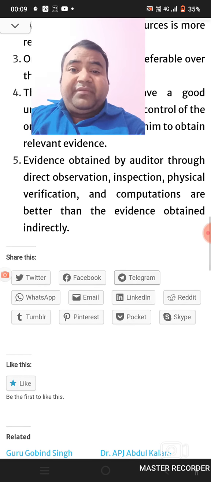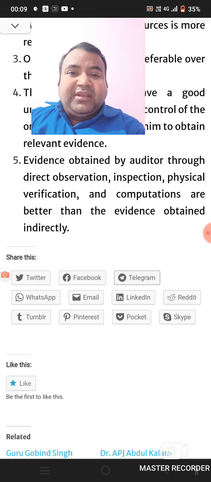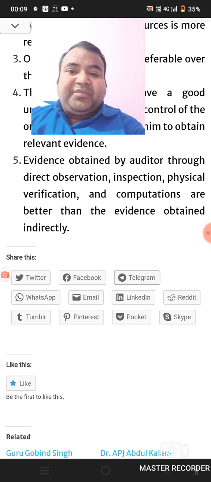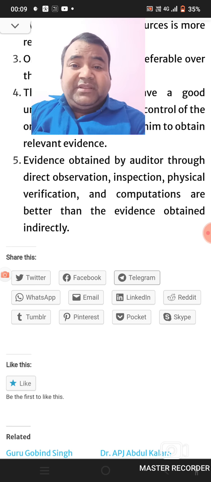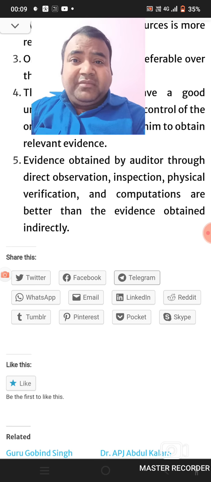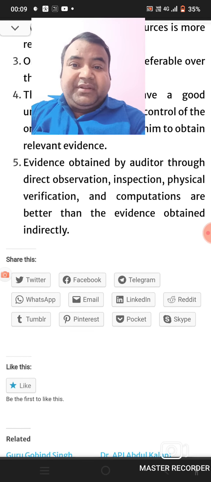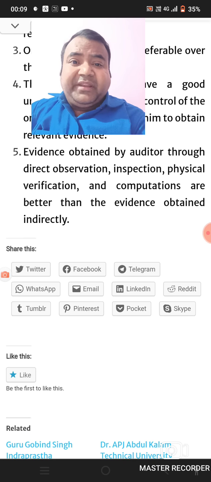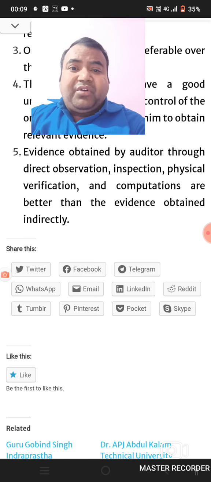Then the fifth one is that evidence obtained by the auditor through direct observation, inspection, physical verification, and computation is better than evidence obtained indirectly. These are the more reliable evidences.